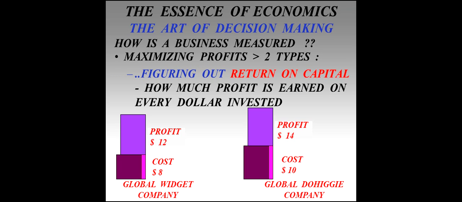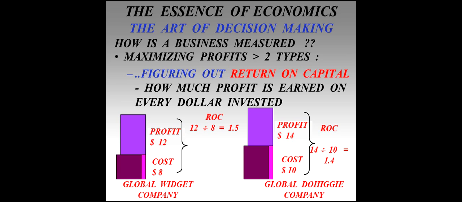But are these really equal from an economic profit and a return on capital standpoint? And here we'll see the importance of looking at the numbers very closely. The Global Widget Company, as we saw, returned 50 cents on every dollar invested. If you look at the numbers relating to the Doohickey company, you'll see that the return on capital is less.